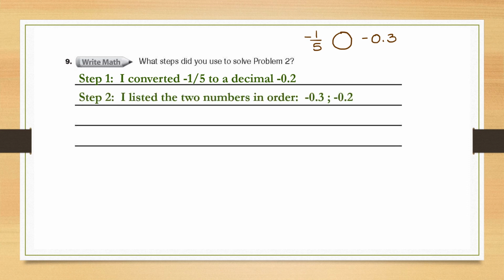Step 2, I listed the two numbers in order, negative 0.3, negative 0.2. Step 3, the number between 2 and 3 is 2.5, so my answer is negative 0.25.